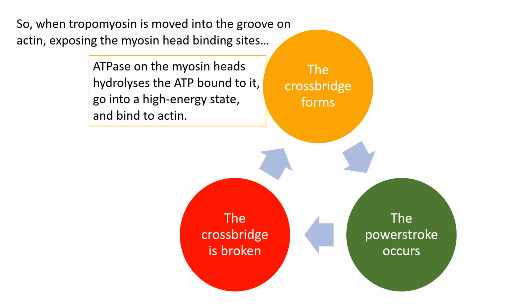Then ATPase on the myosin heads, and don't ask me how the myosin heads know that the binding sites are exposed, I'm not entirely sure anyone knows, hydrolyzes the ATP bound to it, putting it into a high energy or cocked state, which makes it bind to actin. So we form the cross bridge.